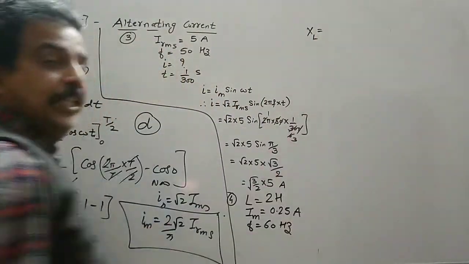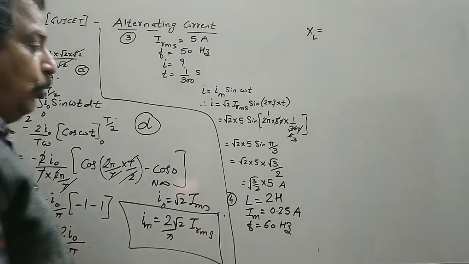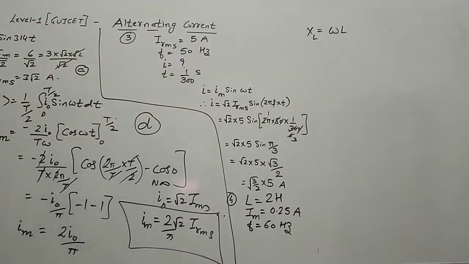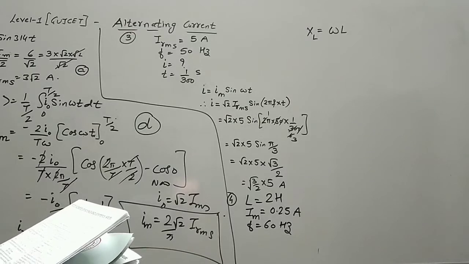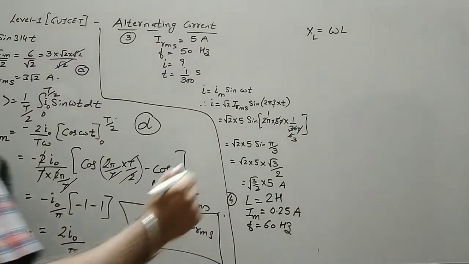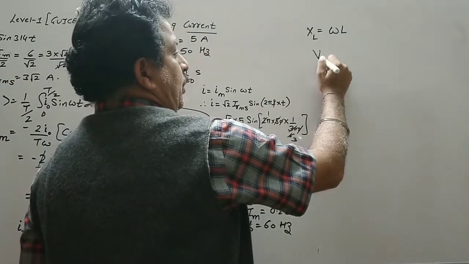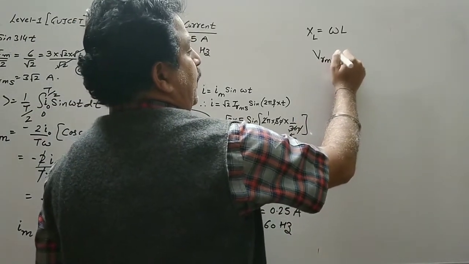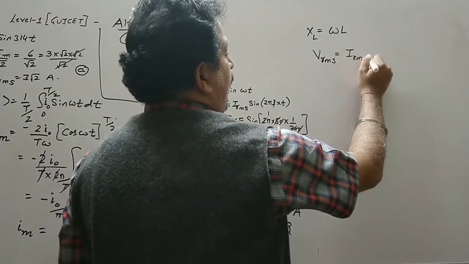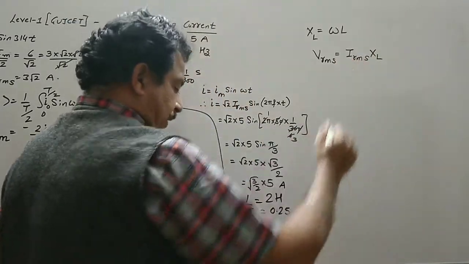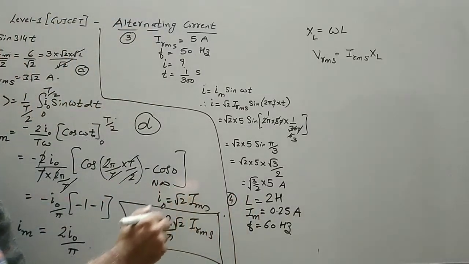So we have to find out what is the potential drop across inductor. So XL is equal to, we know XL is equal to omega into L. Now we have to find out the potential difference. Calculate the effective potential difference, that is VRMS. So VRMS, or if I am writing here IM, so VRMS is equal to IRMS into XL. Now IRMS, so we have IM value here.